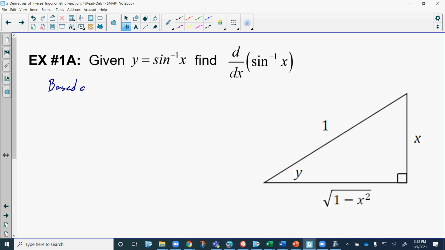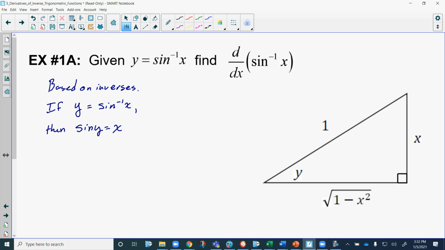Based on what we know about inverses, if y is equal to sine inverse of x, and you can see here we're going back to our conditional statements that never really seem to go away, then based on the properties of inverse functions where the inputs and outputs swap, I'm going to get sine of y equal to x.